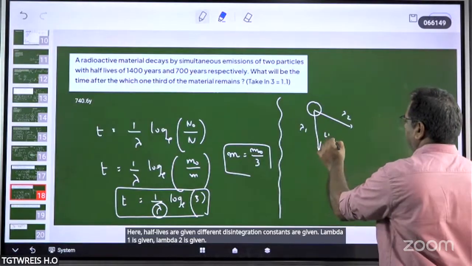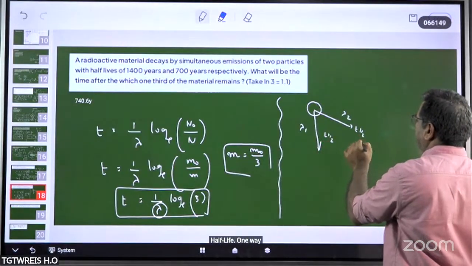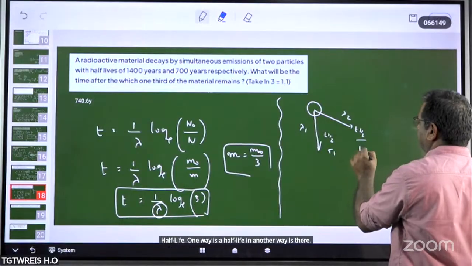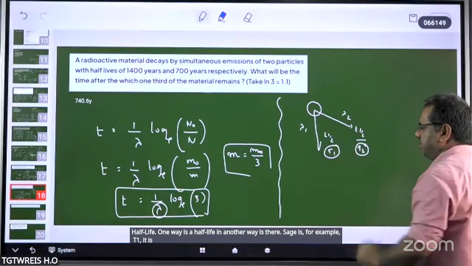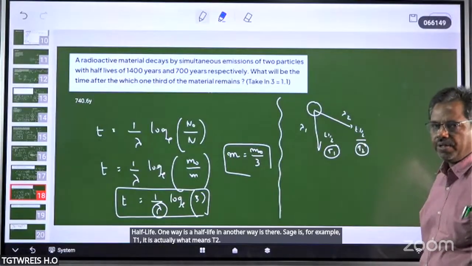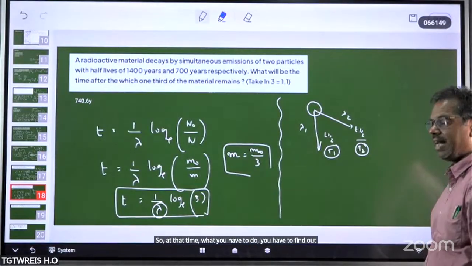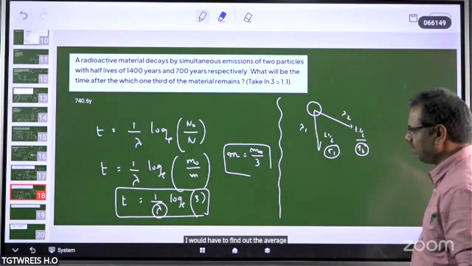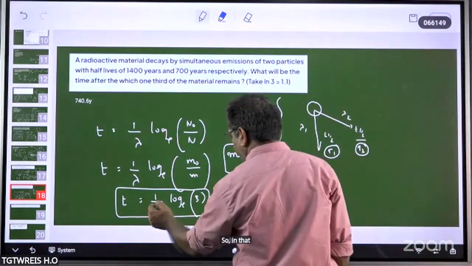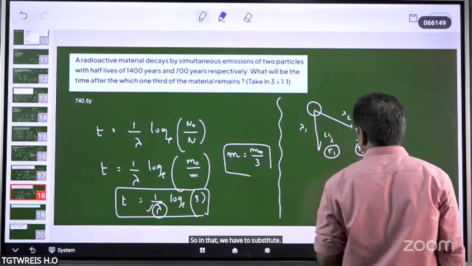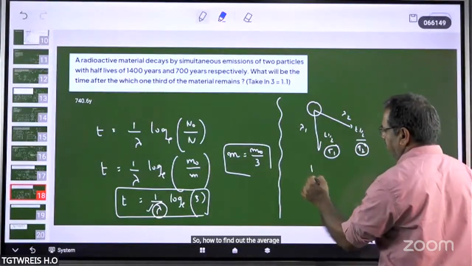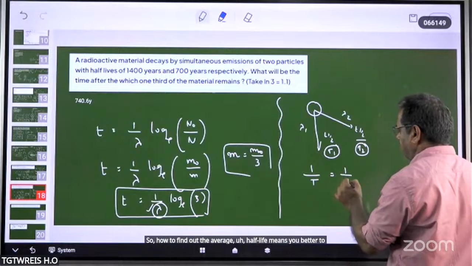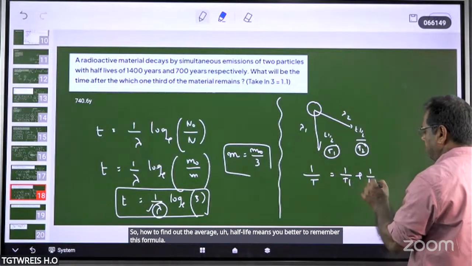One half-life is there, another half-life is there, say T1 and T2. So at that time, what you have to do is find the average half-life, or find the average decay constant. So how to find the average half-life? You had better remember this formula: 1 by T1 plus 1 by T2.